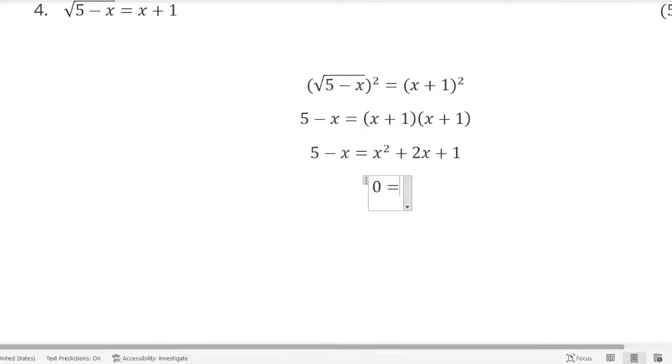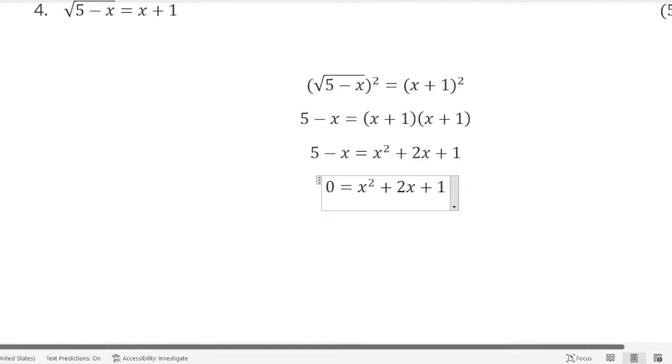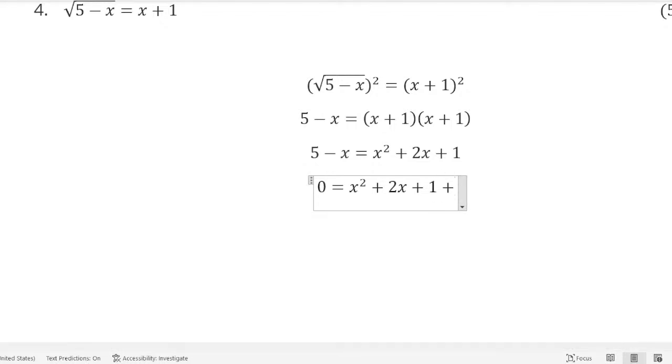So 0 is equal to x squared plus 2x plus 1, right? Then x on the left hand side was a negative, so now it becomes positive x. Then 5 on the left hand side was positive, so it becomes negative 5, right?